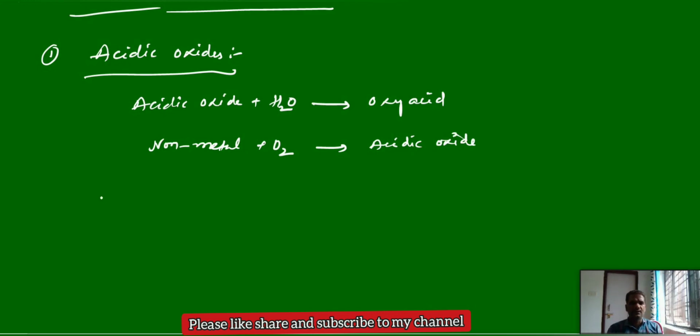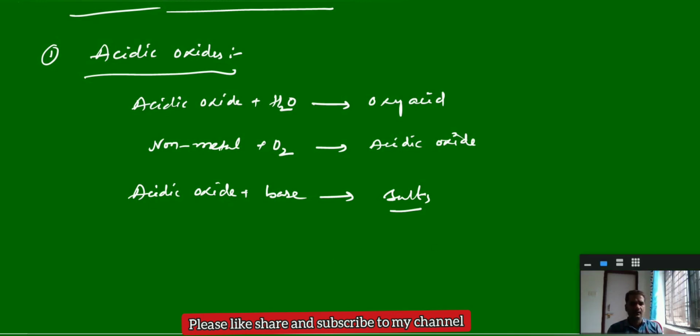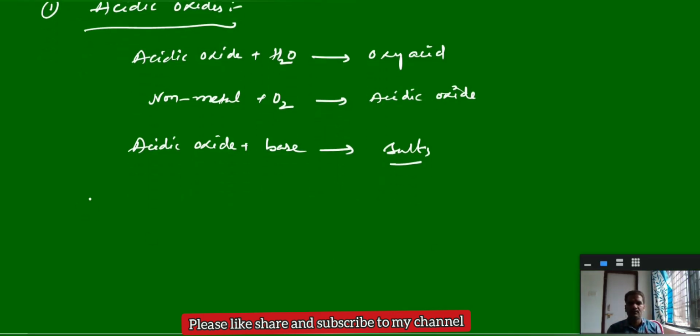And since these acidic oxides are acidic in nature, they can react with bases and form salts. When they react with a base, they form the corresponding salts. Let us see a few examples here.